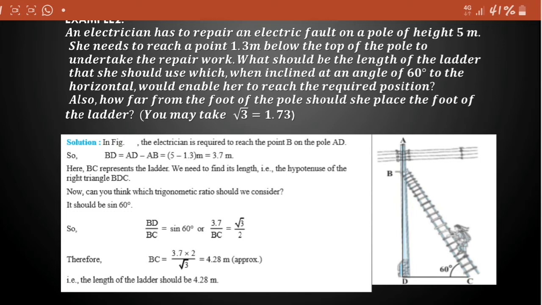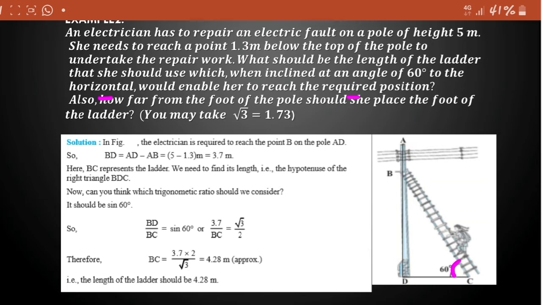So here the situation is, this is an electrical pole, and the electrician has to repair at the point B. Now the question is, what should be the length of the ladder that she should use, which when inclined at the angle 60 degree, this ladder has to make an angle 60 degree with the ground, with the horizontal, would enable her to reach the required position.